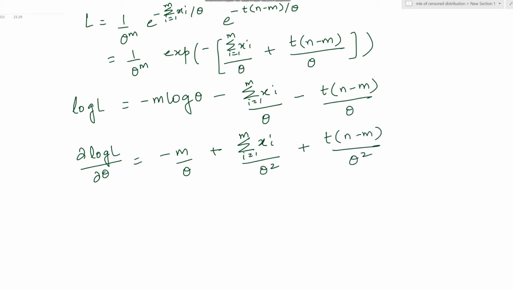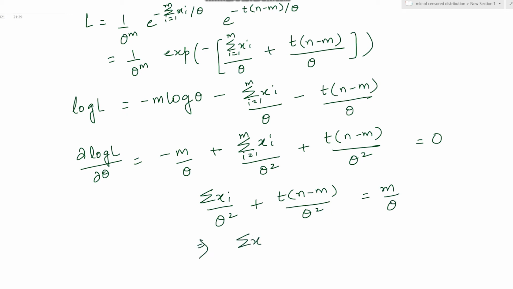Now equating this equation, that is del log L by del theta, equal to 0, we get summation of xi by theta square plus t into n minus m by theta square equals m by theta. Now this implies summation of xi by theta plus t into n minus m by theta equals m.